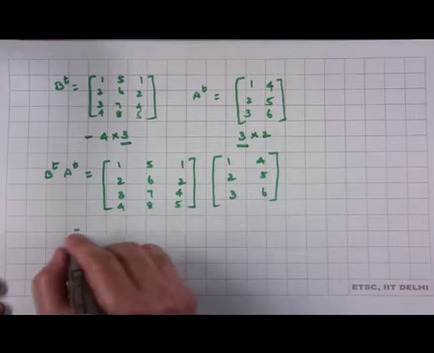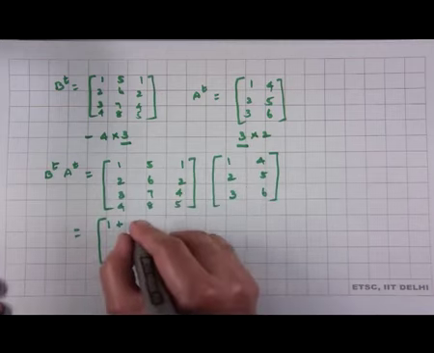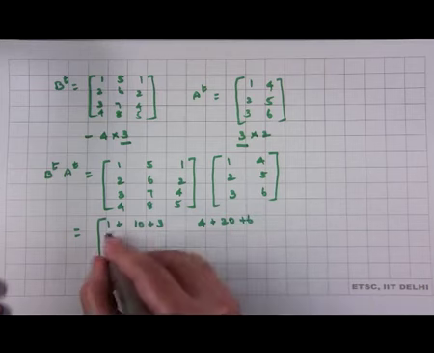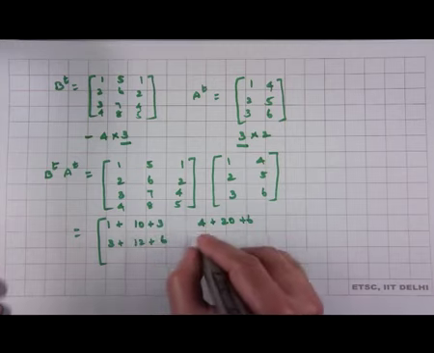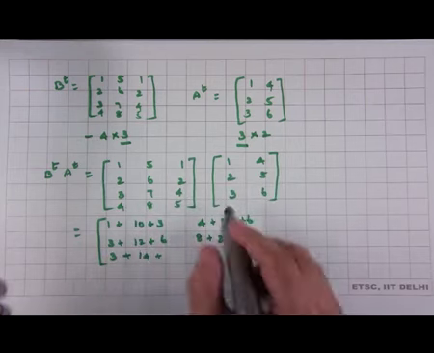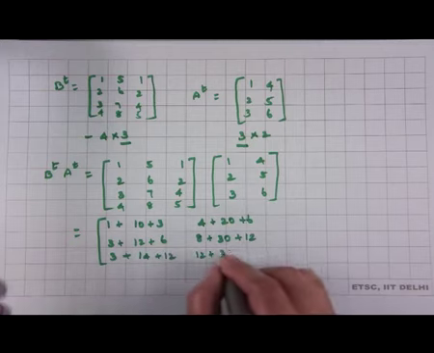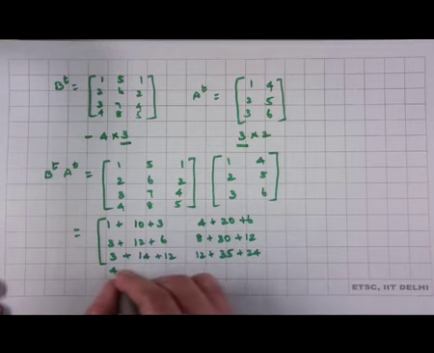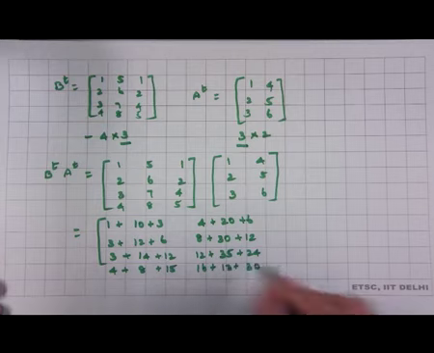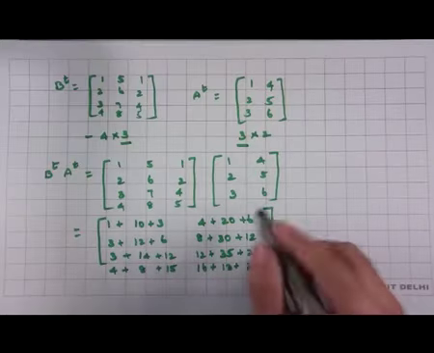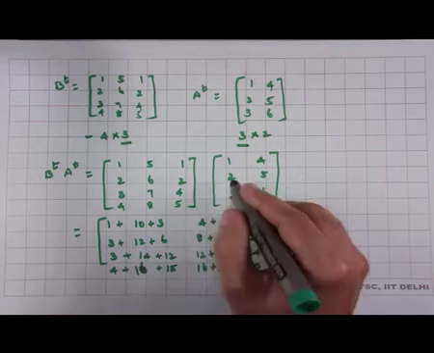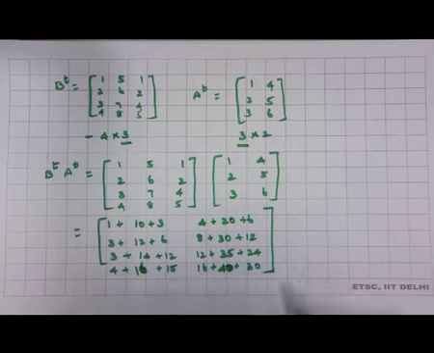Let us compute it, which is given by 1 plus 10 plus 3, 4 plus 20 plus 6, 3 plus 12 plus 6, 8 plus 30 plus 12, 3 plus 14 plus 12, 12 plus 35 plus 24, 4 plus 8 plus 15, 16 plus 40 plus 30, which will finally give me the following.